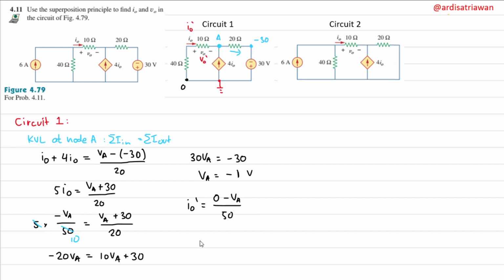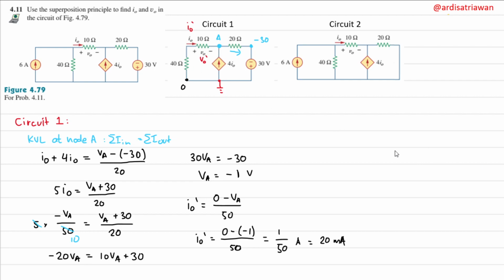So I0 prime will be 0 minus minus 1 divided by 50, or that will equal 1 over 50, or maybe we can rewrite this as 1000 divided by 50, which is 20 milliampere.